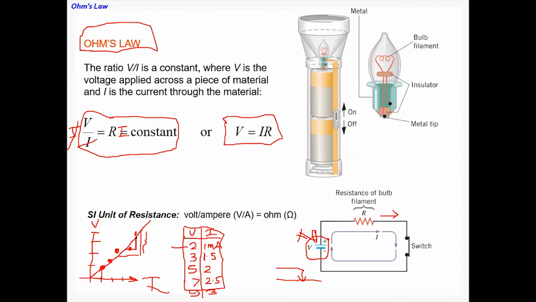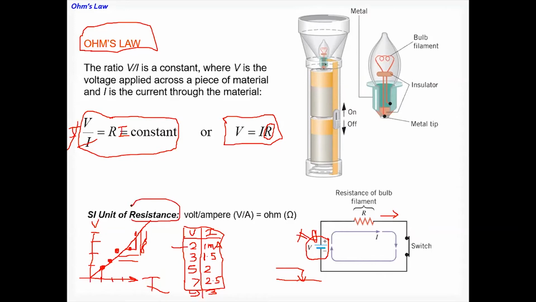So make any right triangle of any size. Then you divide rise by run. If you divide rise by run, then what do you get? You get a number. That number is R, resistance. Resistance R of the circuit.